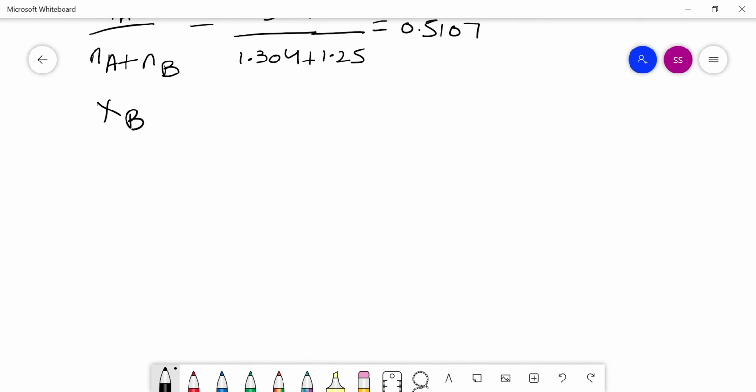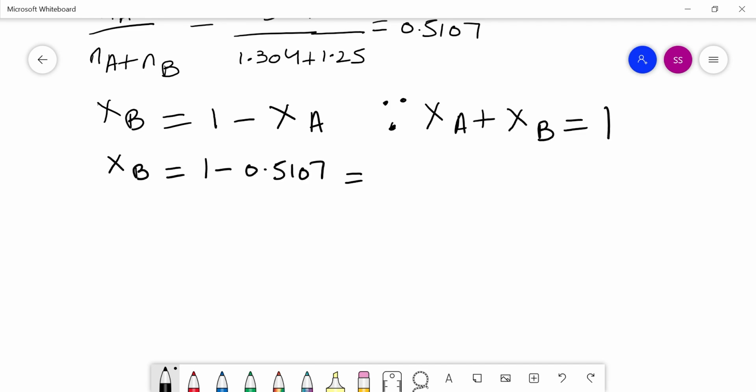Mole fraction of methanol is equal to 1 minus mole fraction of ethanol, क्योंकि mole fraction का sum is always 1. So mole fraction of methanol is equal to 0.4893.